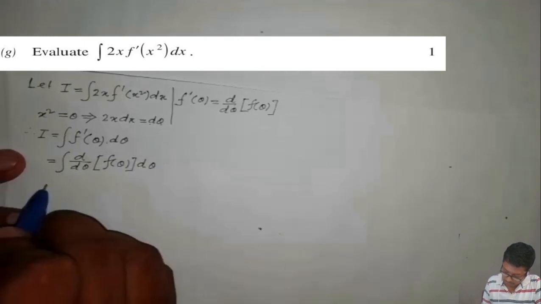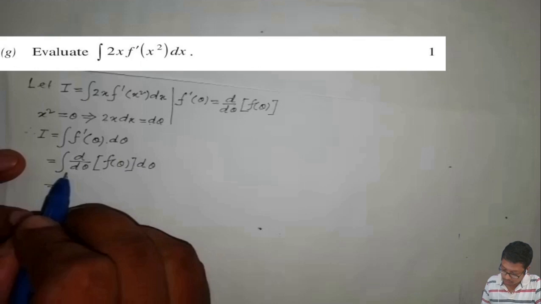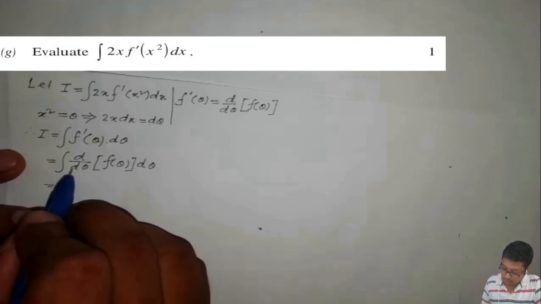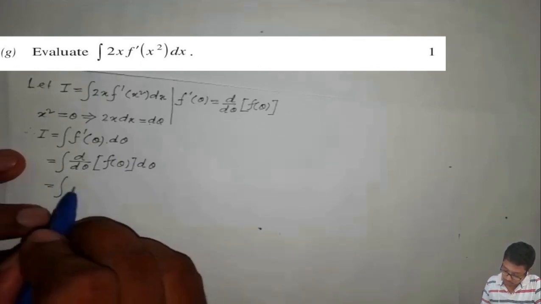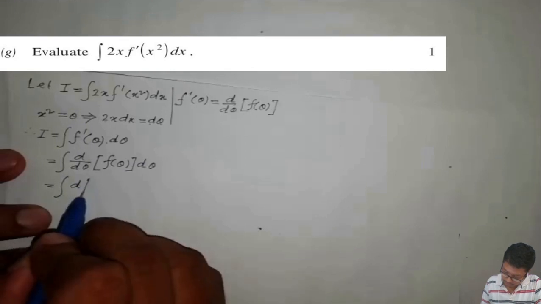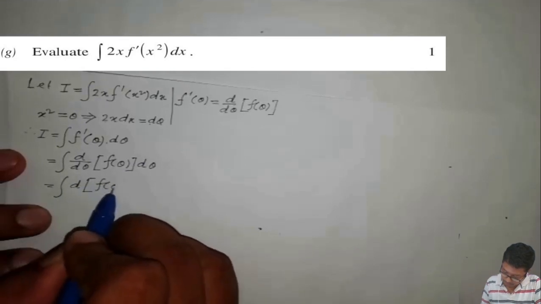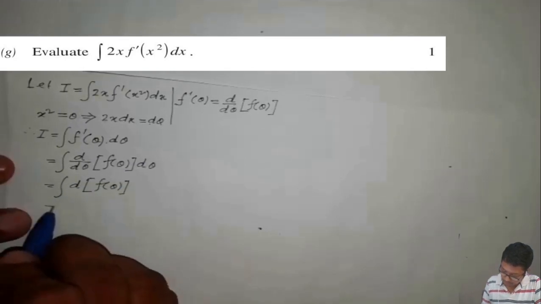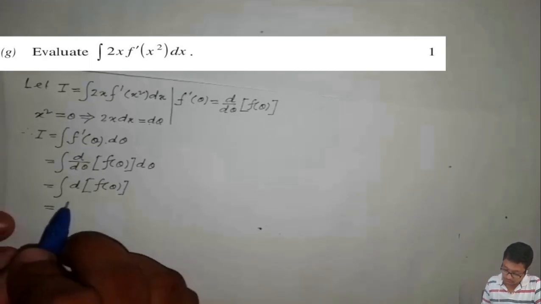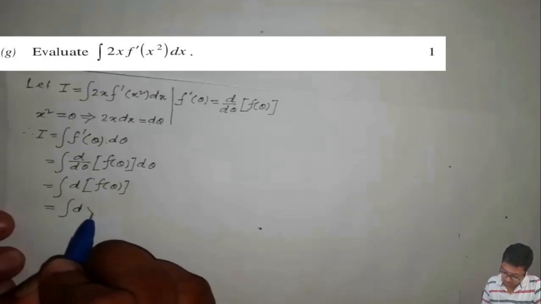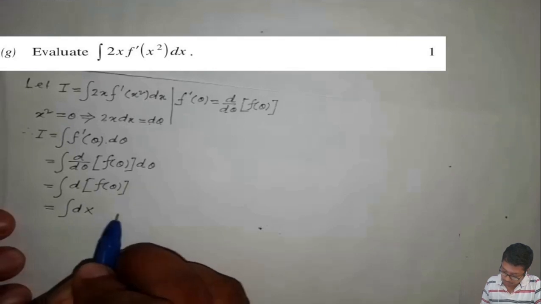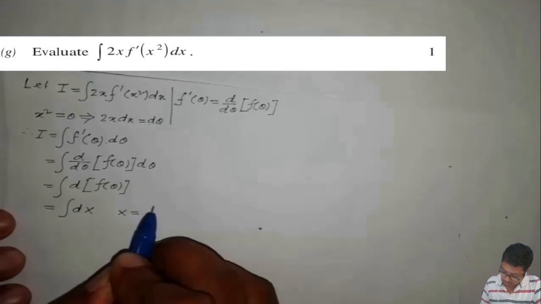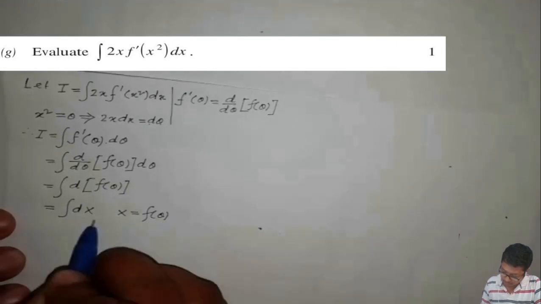Okay, so this is equal to the integral. If I use the chain rule here, then d theta will be eliminated, so we are left with d of f theta. So this is equal to the integral of d of x, supposing x to be f theta here.